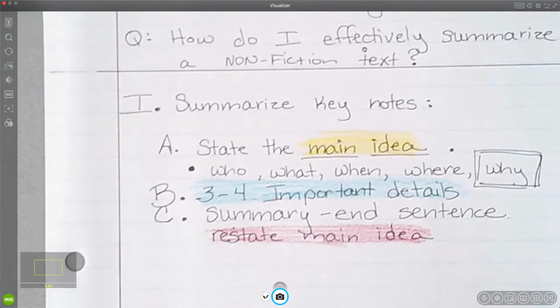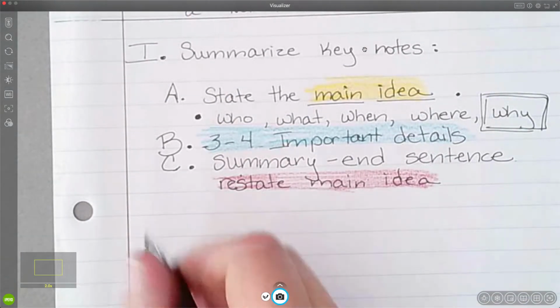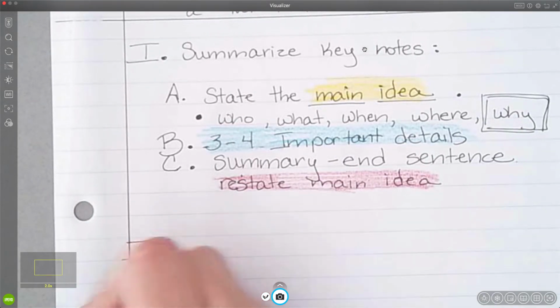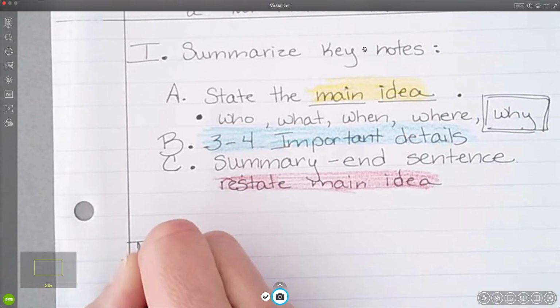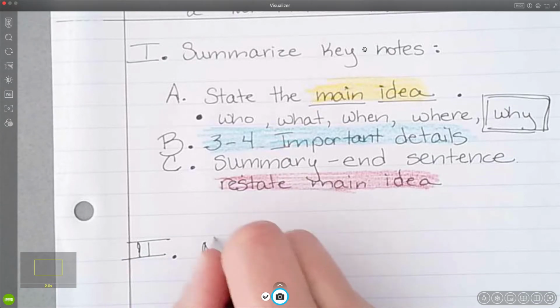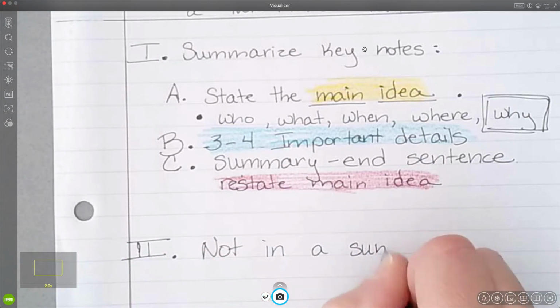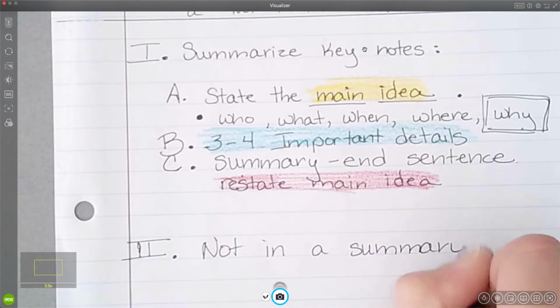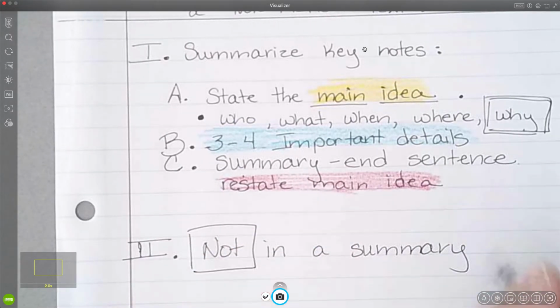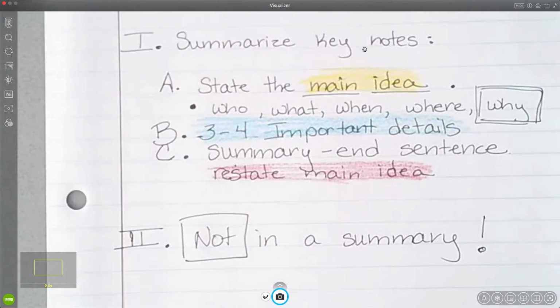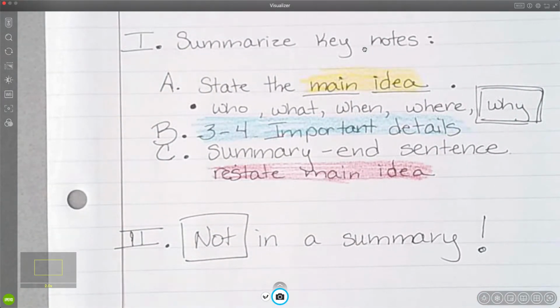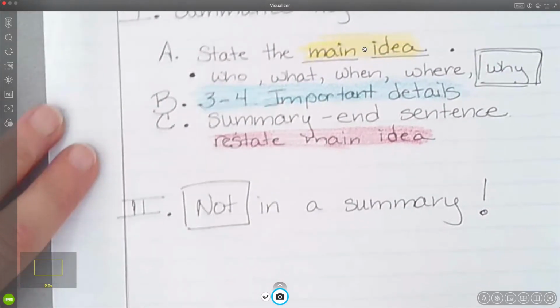Now, let's go to our next section. Number 2, Roman numeral number 2 is like 2 I's. Not in a summary. And you're going to put a box around not and an exclamation point, because a summary is very different from, for example, just stating the main idea or retelling a story.